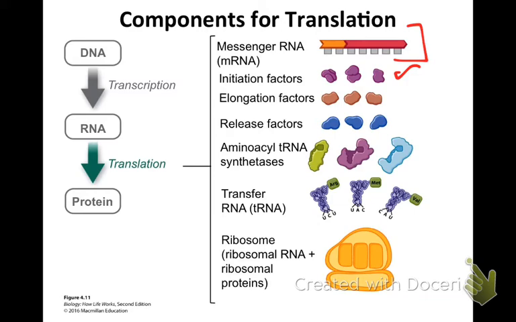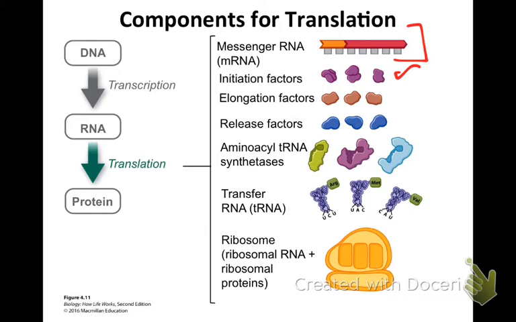Elongation factors are going to initiate the process of elongation during translation, which is going to build the protein amino acid by amino acid by amino acid. So it's going to create those chains. Release factors are going to stop the process.